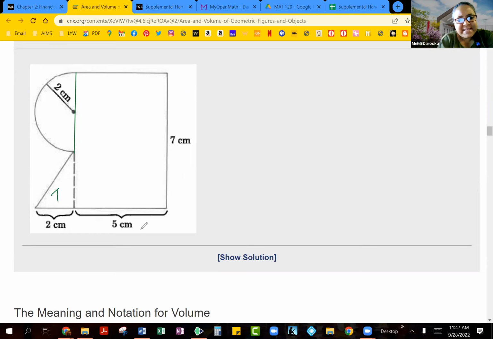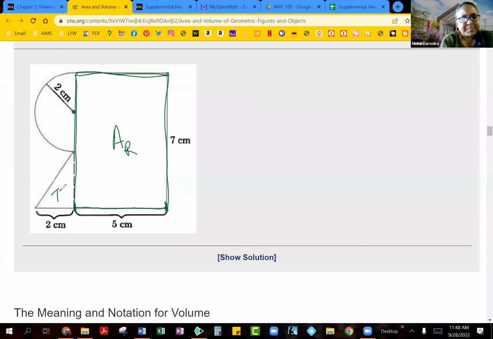As you can see, they're telling us this distance over here is 5 centimeters. Of course, this guy is 7 centimeters. If we're making a rectangle out of this shape over here, then we need to find the area of the rectangle.